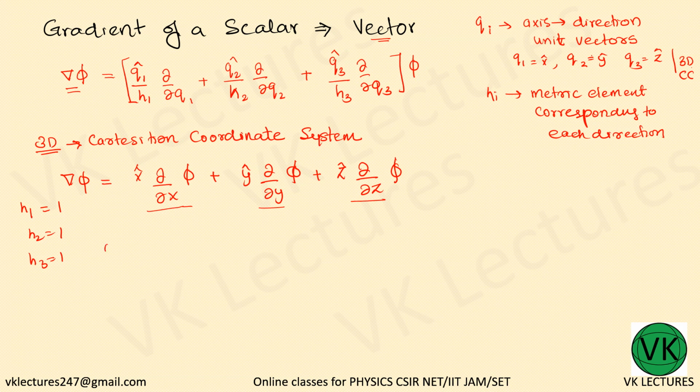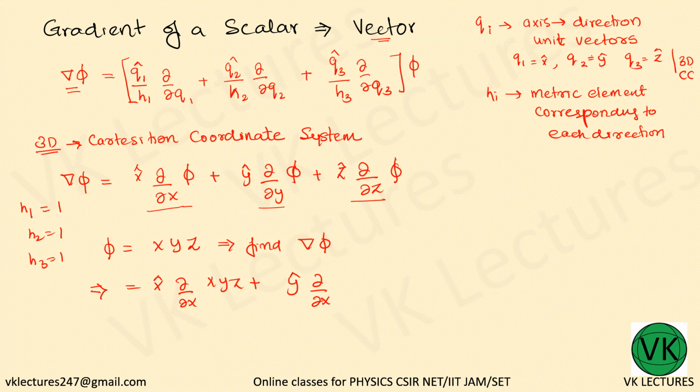Now for example, if phi is equal to x, y, z, find del phi, which is equal to x cap into dou by dou x of xyz plus y cap into dou by dou y of xyz plus z cap into dou by dou z of xyz.